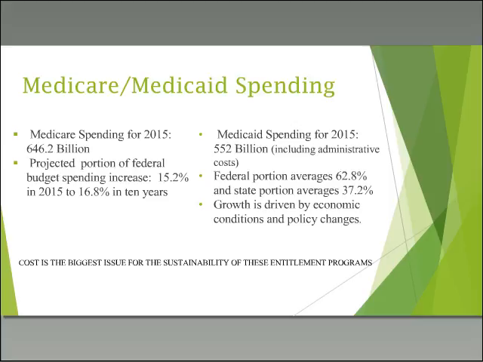The federal portion of Medicaid, which some people don't understand: the average nationwide, the federal government contributes 62.8%. So they're contributing 100% of Medicare and 62.8% of Medicaid. So then we begin to grasp why Medicare and Medicaid takes up such a big portion of the federal budget.